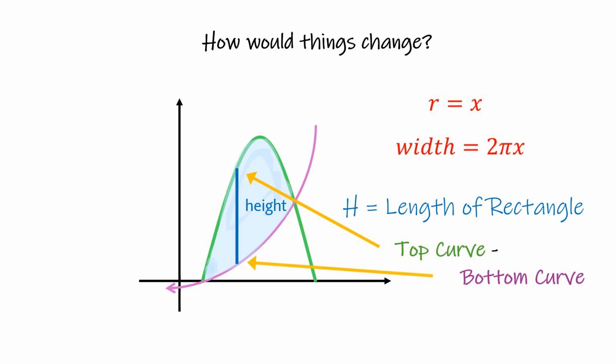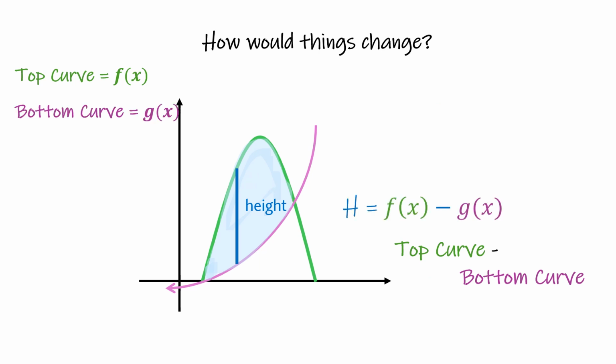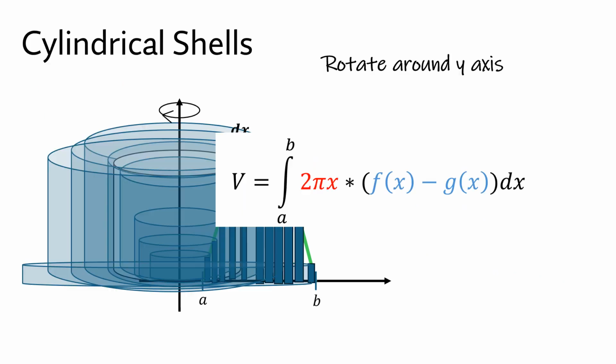And that will be the height of our blue line. So if we call the top curve f of x and we call the bottom curve g of x, then our height is just going to be f of x minus g of x. And so now our volume, instead of just being f of x, we get an f of x minus g of x in this integral.